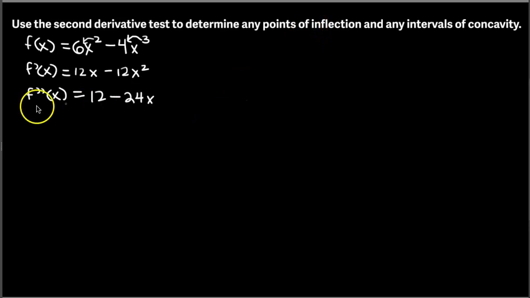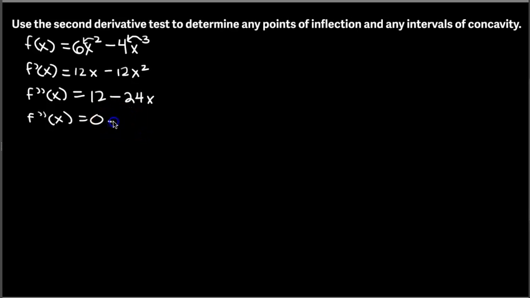So now that we have the second derivative of f of x, we need to set the second derivative equal to 0. So when you do this, you need to find the critical numbers of f double prime of x, which is where f double prime of x is equal to 0 or is undefined. But in this case, since f double prime of x is just a polynomial, we do not need to worry about where it's undefined because it is defined for all real values of x.